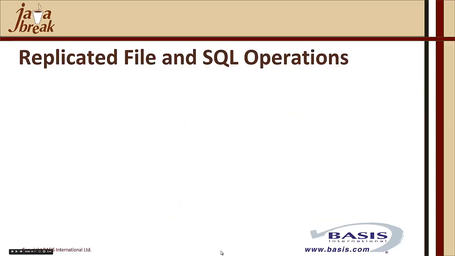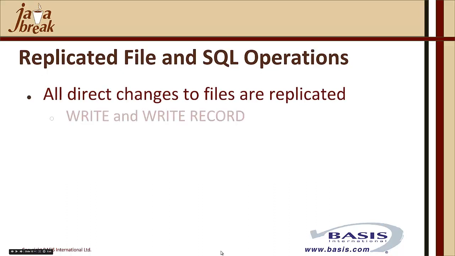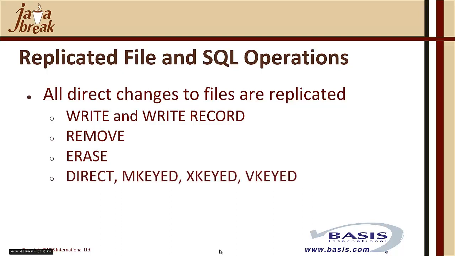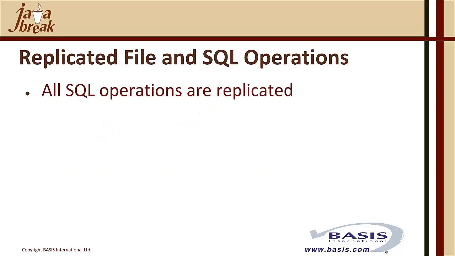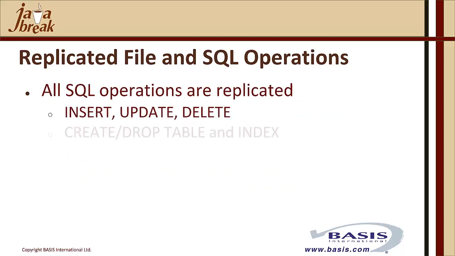So all direct changes to files are replicated, write and write record, and on a discrete level just those changes are replicated. A remove, an erase, creation of M-keyed, X-keyed or V-keyed files, and all of the changes on those particular file types. All SQL operations are also replicated: insert, update, delete, create, drop table and index, alter table.